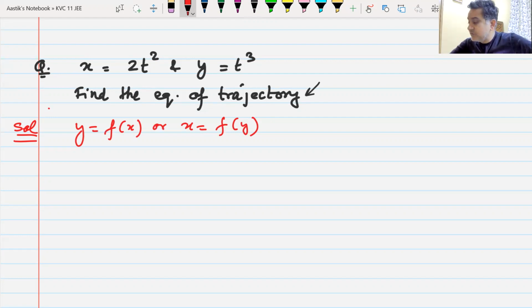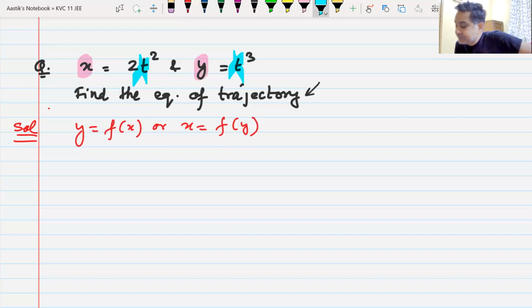So basically, what I need are x and y. What I don't need is t. So that simply means that I need to eliminate t from the equations.